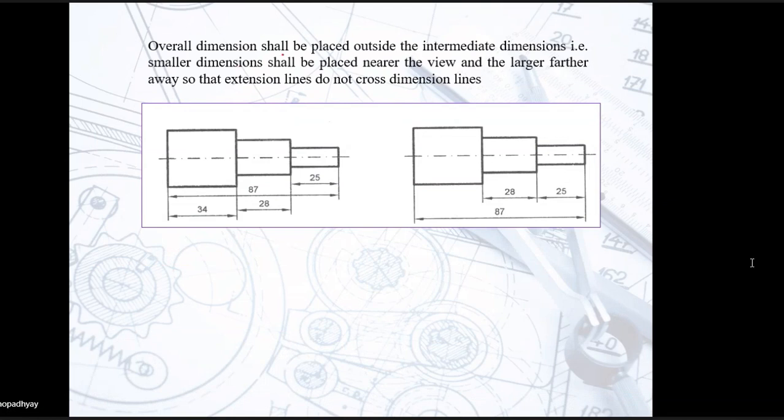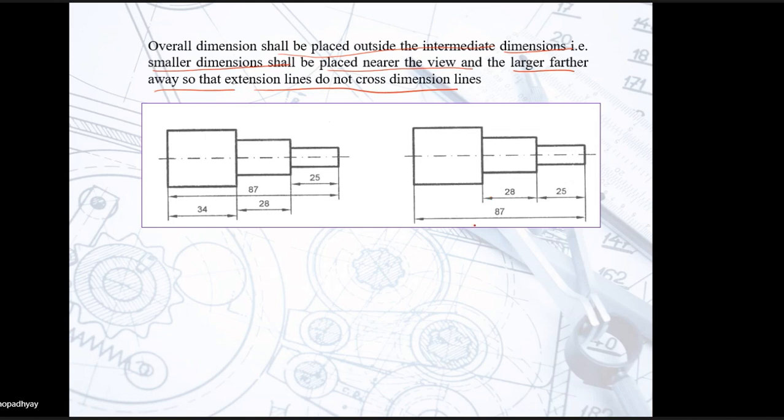Now the overall dimension shall be placed outside the intermediate dimension. That is, the smaller dimension shall be placed nearer to the view and the larger dimension further away from the view, so that the extension line does not cross the dimension line. So this is the appropriate method.